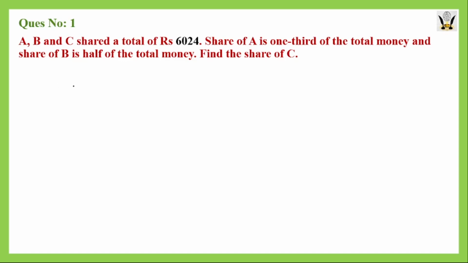To solve this sum, we can apply many approaches. One of them is, share of A is how much? Share of A is 1/3 of the total money and share of B is half of the total money.